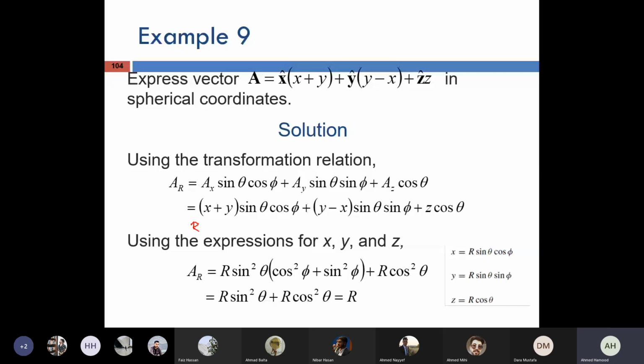Try to write it faster, so we don't run out of time. So we have sine, cosine phi plus r sine theta sine phi. Then you have sine multiplying sine phi cosine phi. Okay, all this.